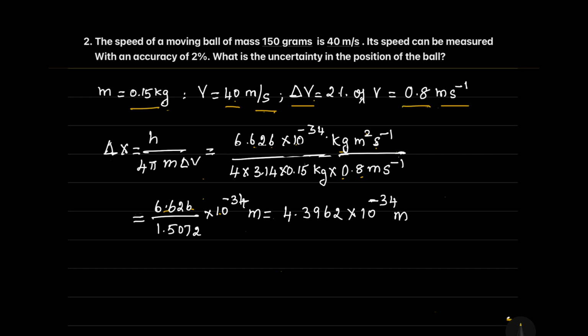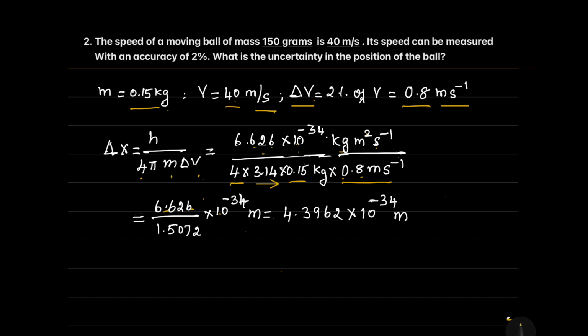0.8 meters per second. On substituting in the equation, delta x is equal to h divided by 4 pi into m into delta v, we get 6.626 into 10 raised to the power of minus 34 kilogram meter squared per second divided by 4 into pi value 3.14 into m 0.15 kilogram into delta v, that is 0.8 meters per second.